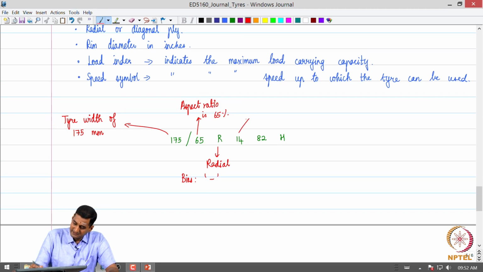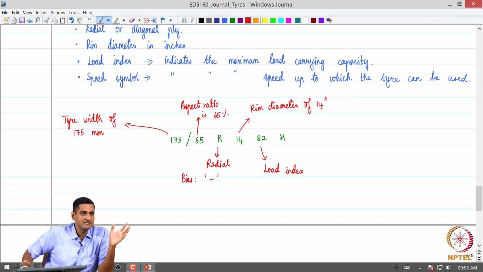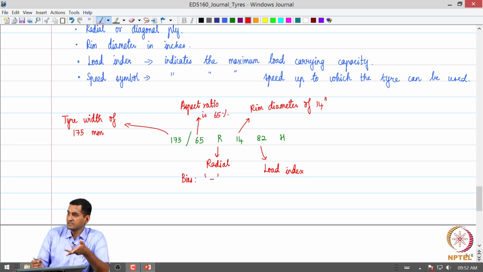This 14 indicates a rim diameter of 14 inches. 82 indicates a load index. There is a standard table which tells us the corresponding maximum supported load in kilograms as a function of the inflation pressure, so one could figure it out from this load index.